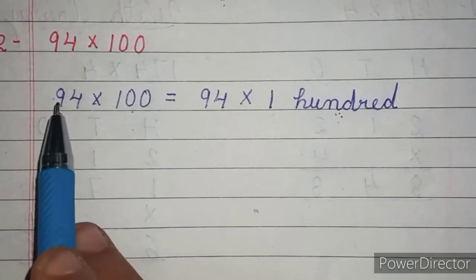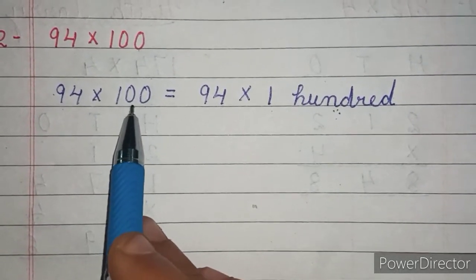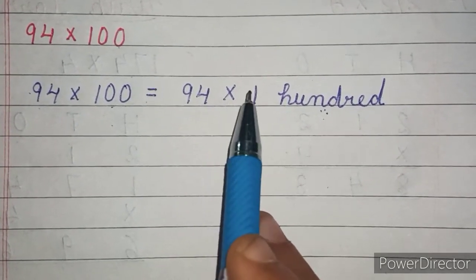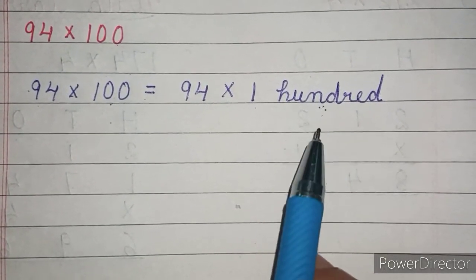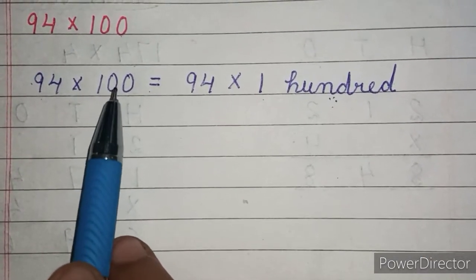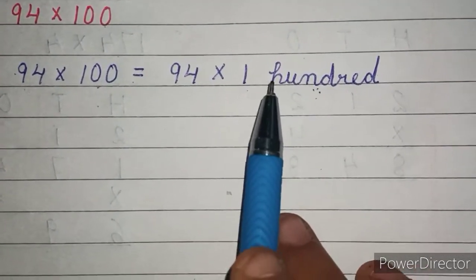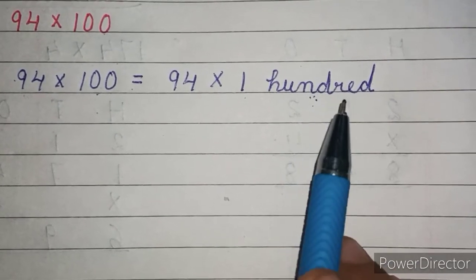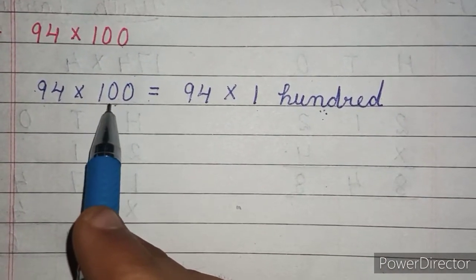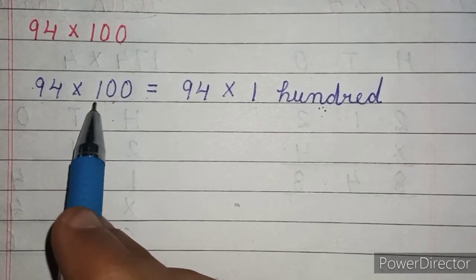So first we'll write here 94 multiplied by 100 is equal to 94 multiplied by one hundred. Okay. Now you can see 100 is written here. So we have written here 100 in words, because two zeros are put with 1.